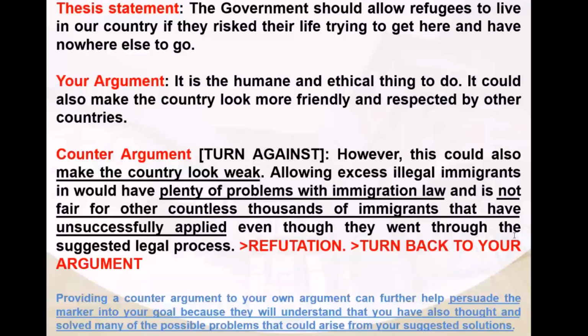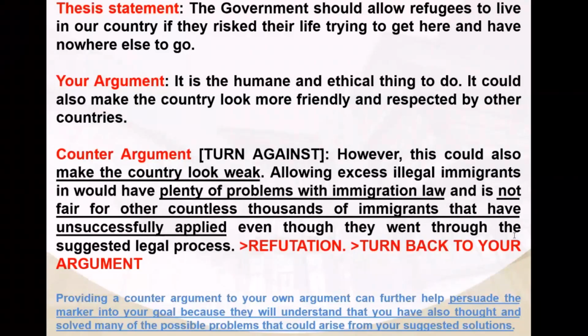They say, no, it will make the country look weak. No, it will be unfair on those who follow the right process but are turned down. No, it will not be fair because there are so many problems. It will create many problems with our immigration laws. How do you argue against those counter arguments? How do you refute? How do you attack those counter arguments? You include that part in the paragraph and then you go back to your original argument as well.